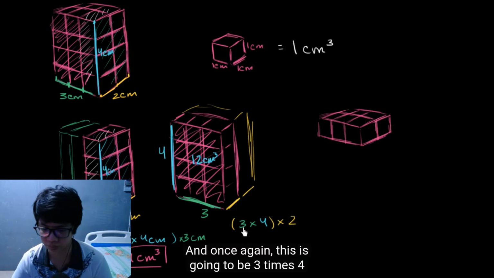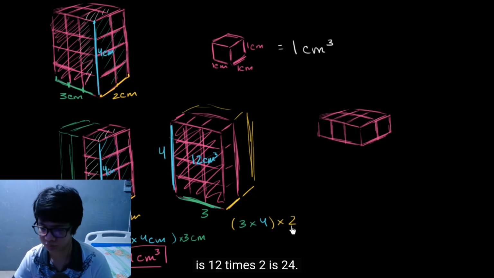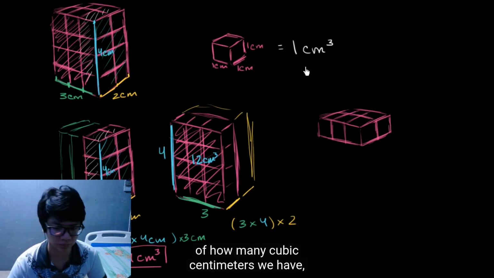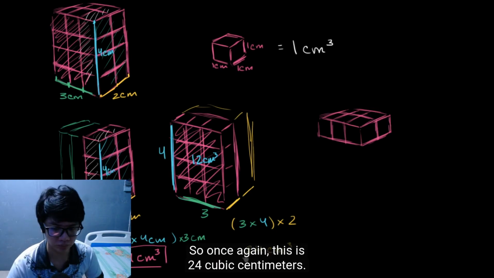Once again, 3 times 4 is 12, times 2 is 24. That's going to give us the count of how many unit cubes we can fit. So once again, this is 24 cubic centimeters.